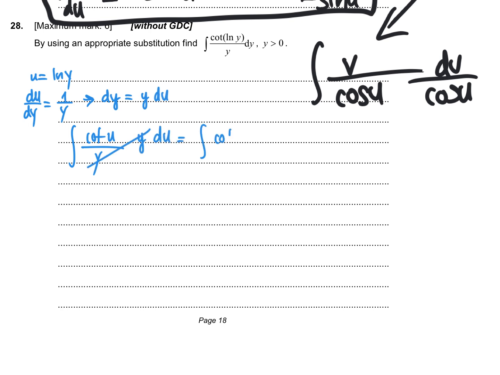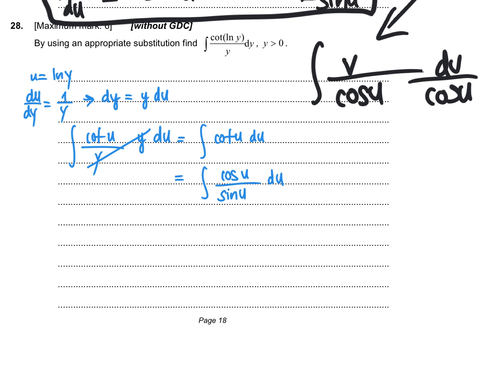So we're going to have cotangent u du. All right, so this one, just from last time, we know we can make this cosine u over sine u du. And we don't have an integral for cotangent.